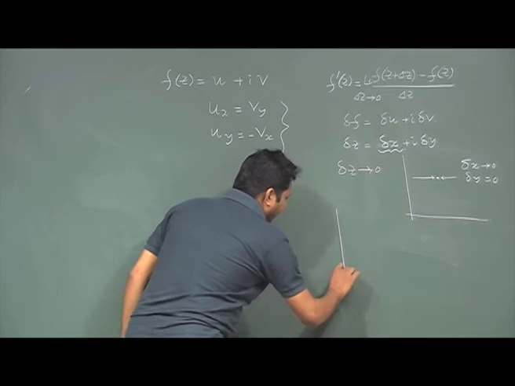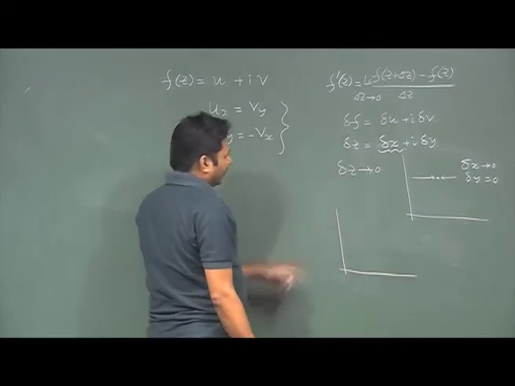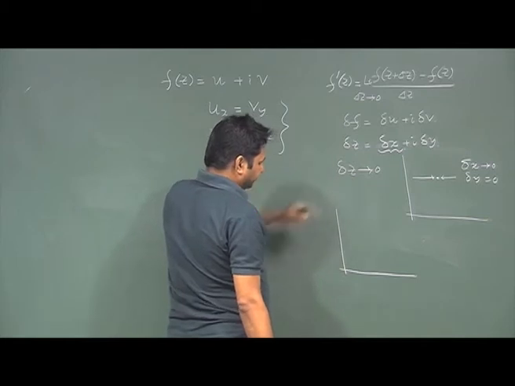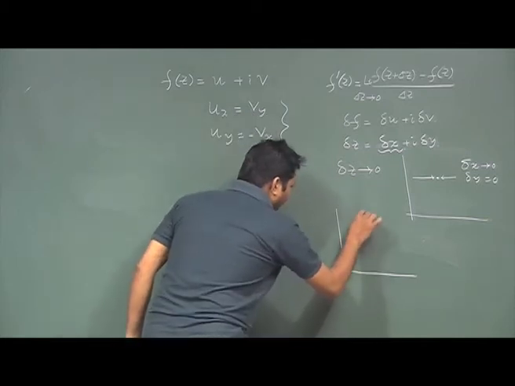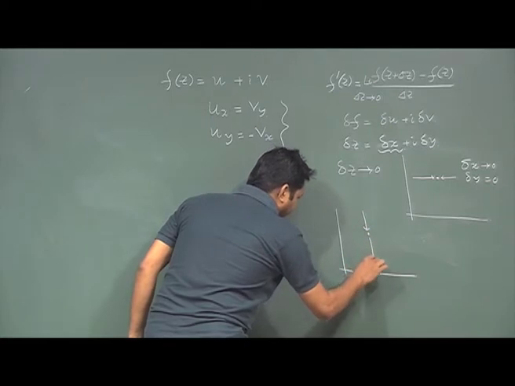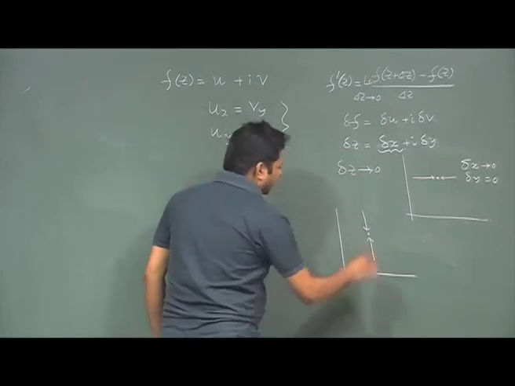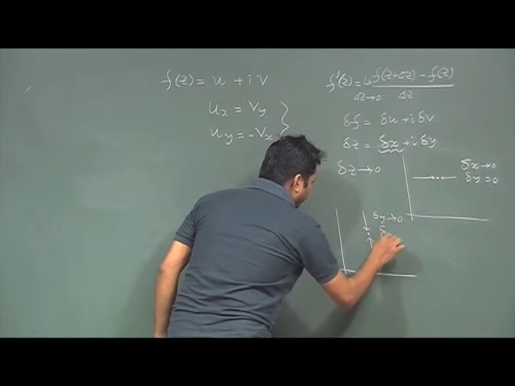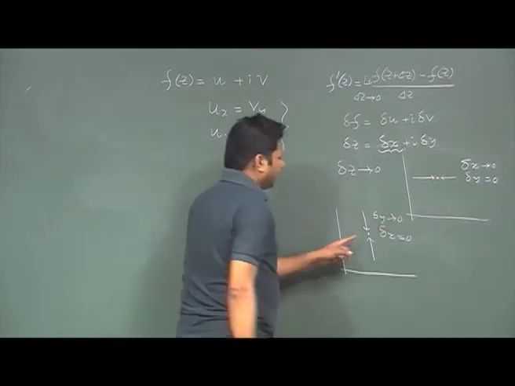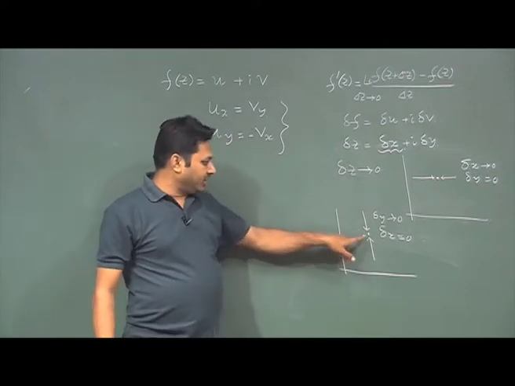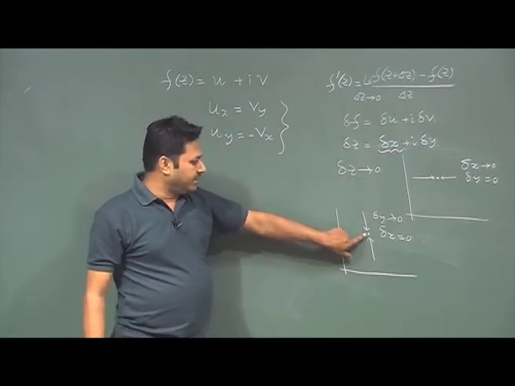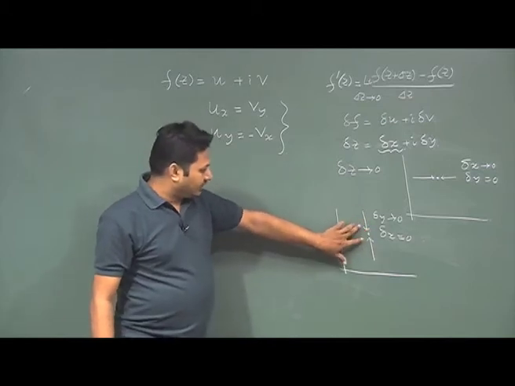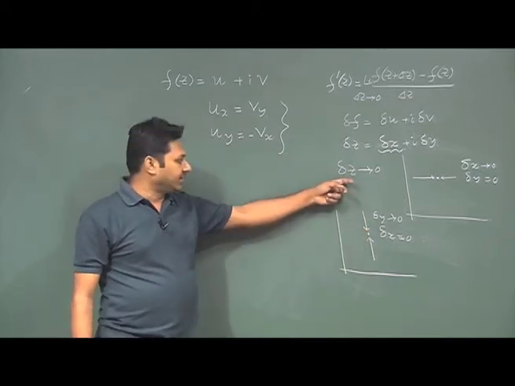In the second case, delta y tends to 0 but delta x is equal to 0. That means I am not approaching from this side, because I put delta x equal to 0 from the very beginning, and I am approaching from this side so that this limit can be satisfied.